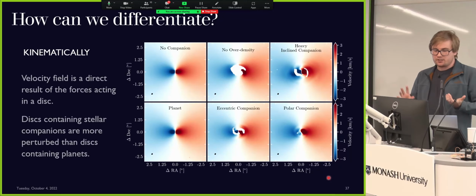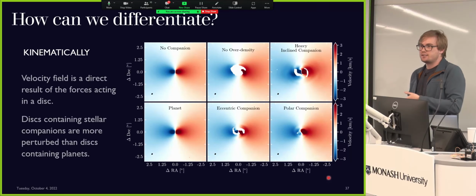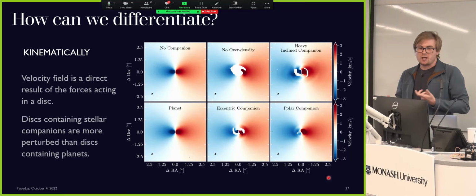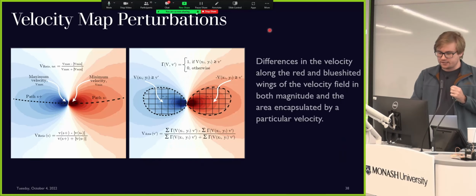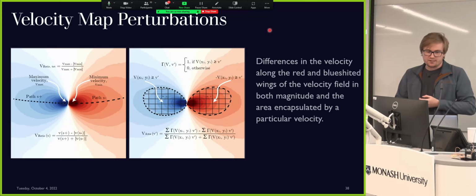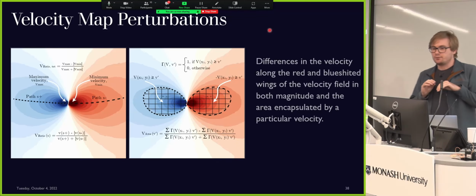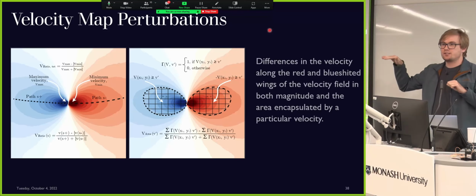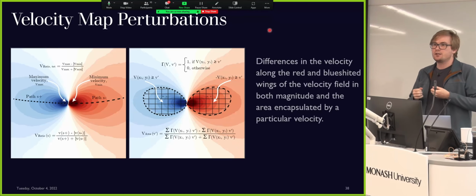So we can take features of the velocity maps and devise some criteria to measure how perturbed it is. And there's two ways that I thought of doing this. The first way is that you can look purely at the velocities. So we look at the velocity from the redshifted side, the velocity from the blueshifted side, and we just take a weighted ratio of those two values.